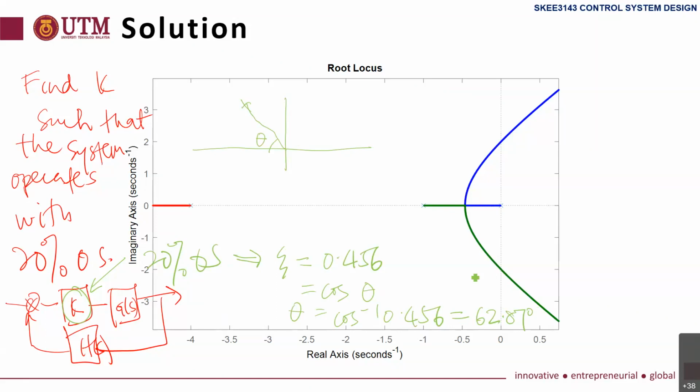From the root locus, we can draw what is called the zeta line. We can draw the zeta line at 62.87 degrees. I can draw the zeta line from here, 62.87 degrees.